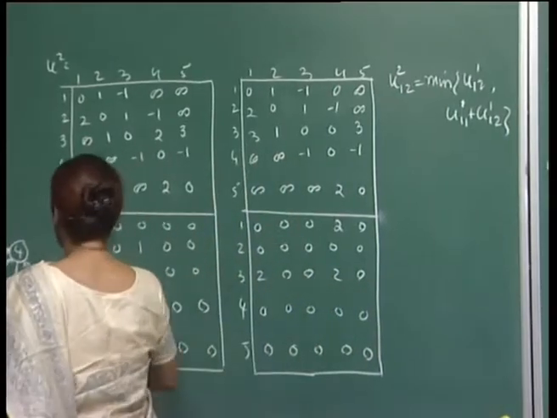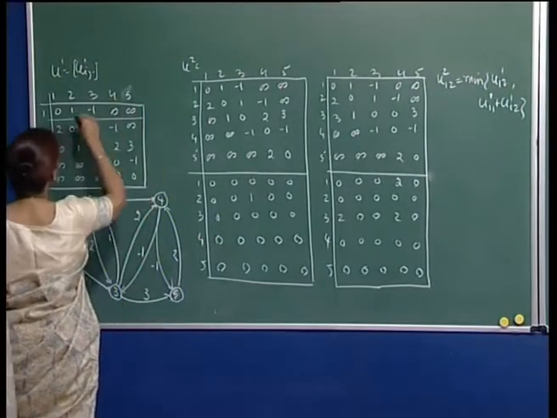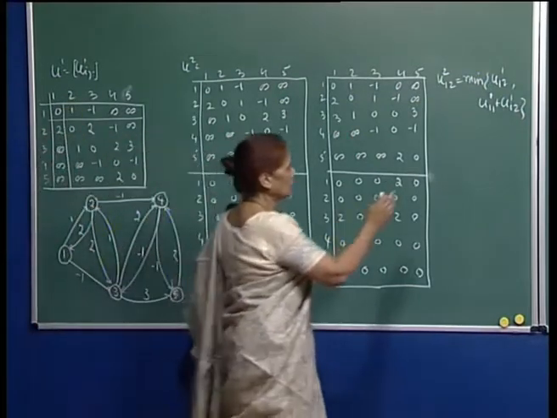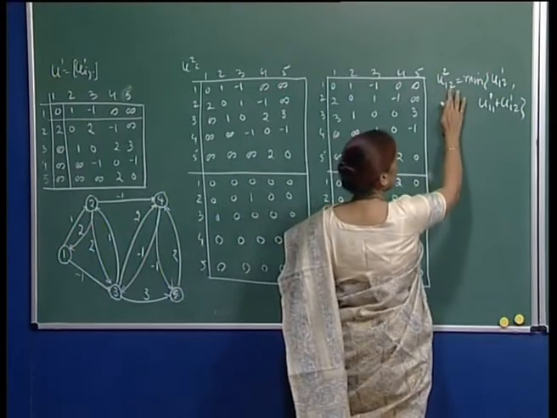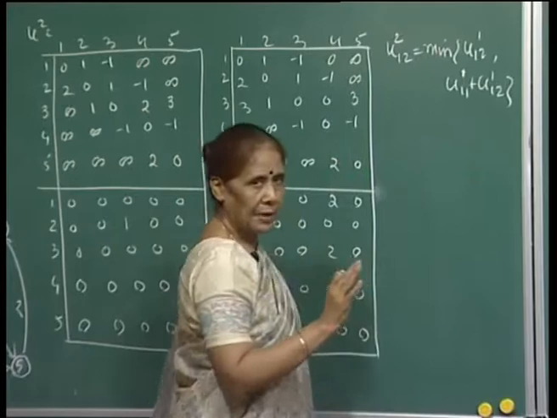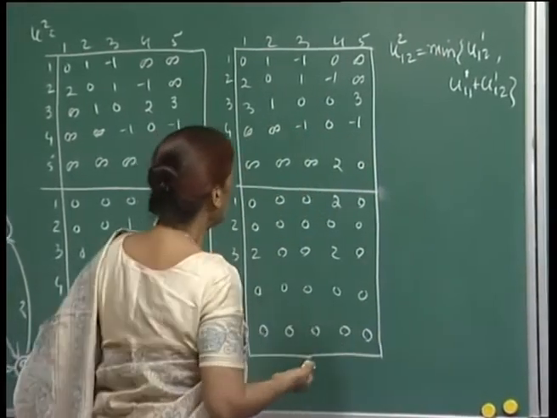In fact, I want to show you that when you are doing the computations for u2, that means you are including the node 1. So, the interpretation for this is that you want the shortest path between 1 and 2, where node 1 is included. So, either you include the node 1 or you do not, fine.